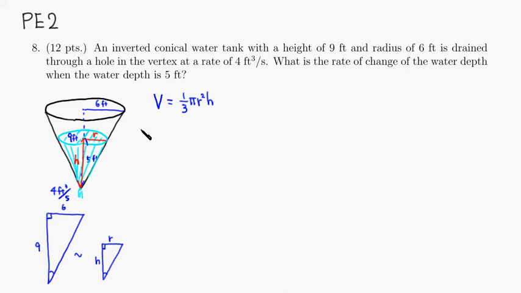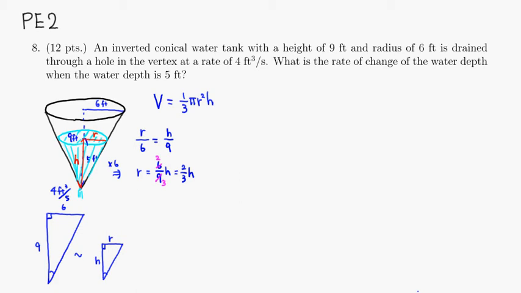For example, r to 6 is equal to h to 9. Then you can multiply through by 6 to get r equals 6 over 9 h. We can simplify by dividing by 3: r is 2/3 h.